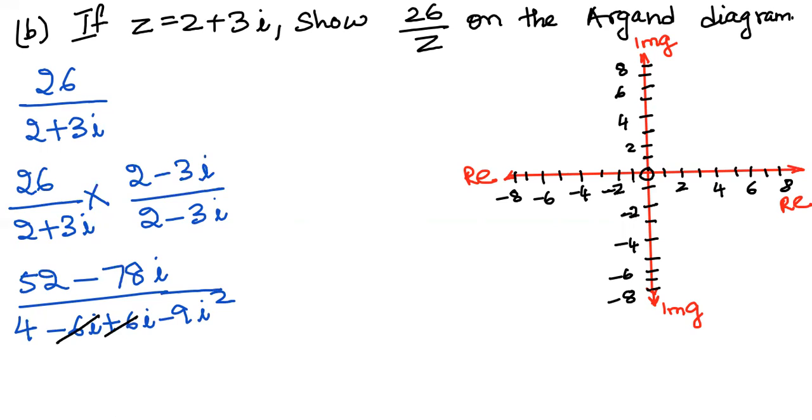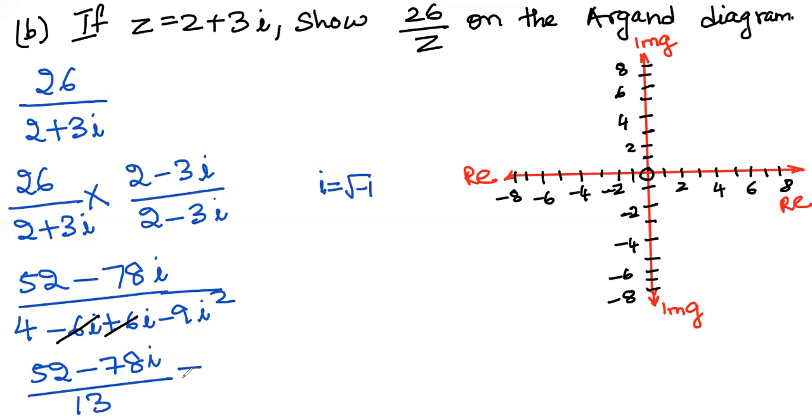See, these two terms get cancelled. We have in the numerator 52 minus 78i, whereas the denominator is 4 minus 9i squared. And by now you are familiar that i is the square root of minus 1, so this becomes plus 9. So 4 plus 9 is 13.